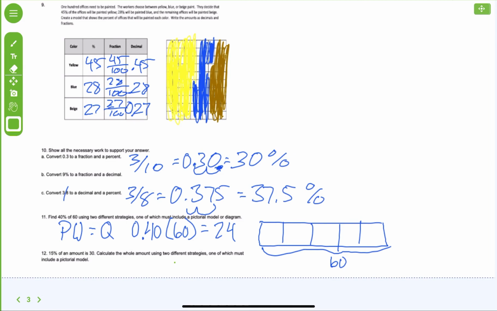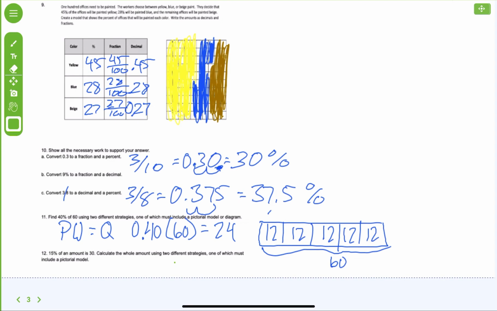So if I broke this up into fifths, each one of these would be 20%. So how much is each one of these going to be? Well, each one will be 12, 12, 12, 12, and 12, because 12 times 5 is 60.